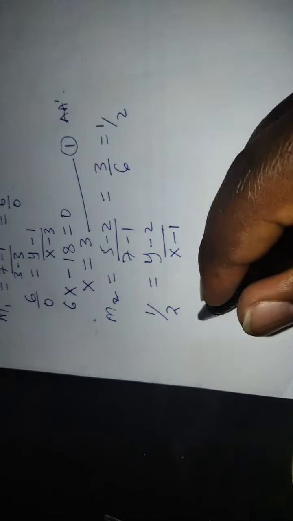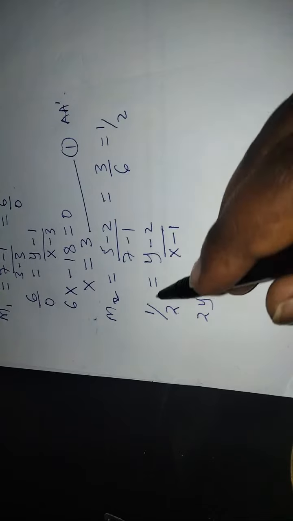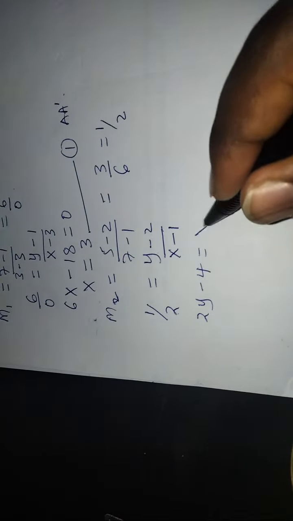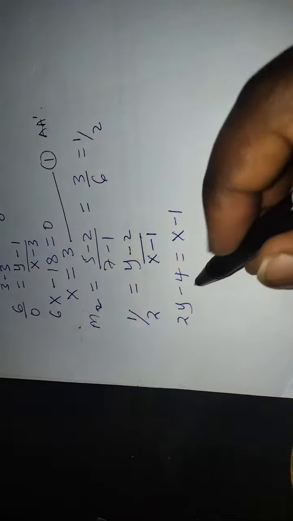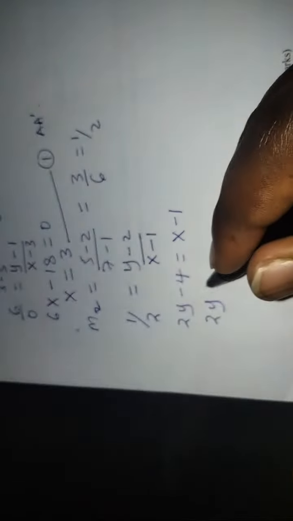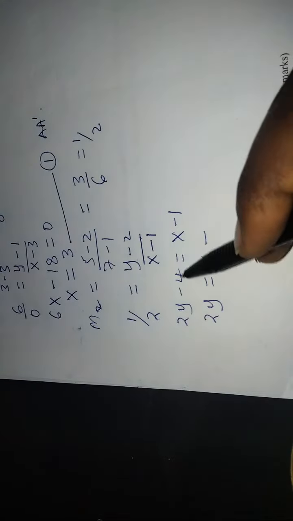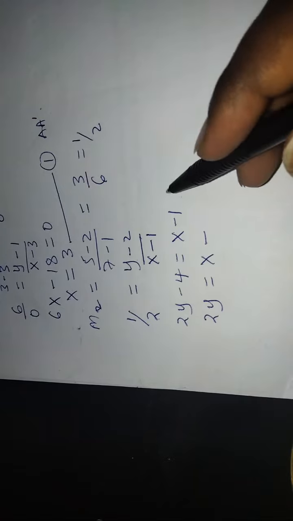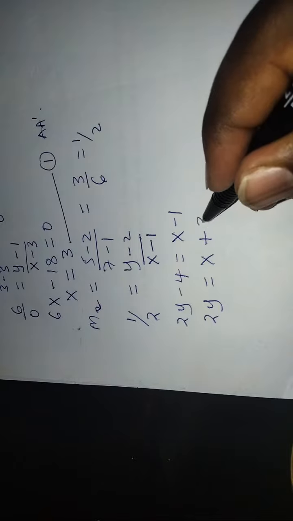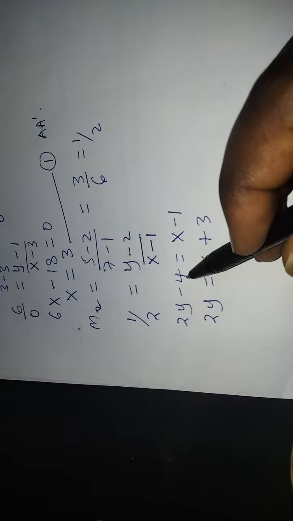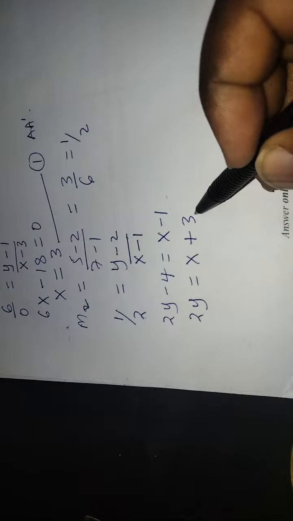This will give us 2y minus 4, because 2 is multiplying everything here. Then 1 is multiplying x and negative 1 for them to remain just as they are. 2y equals x minus 1 plus 4, when 4 comes to this side, it will be added. So minus 1 plus 4 becomes positive 3.